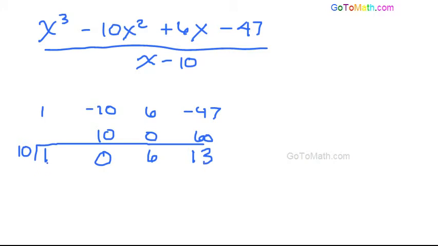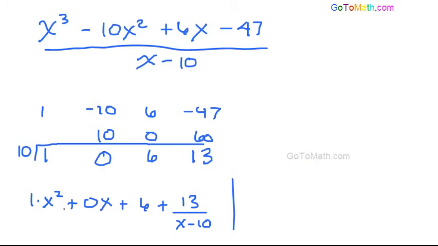Alright. So we're going to have 1 times x squared. Write this down right here. Plus 0 times x plus 6 plus 13 over x minus 10. But we're going to want to clean this up.